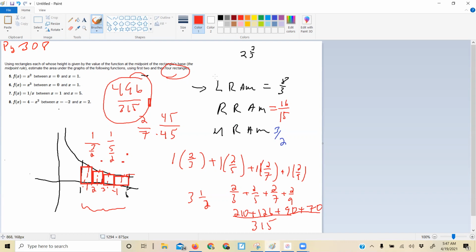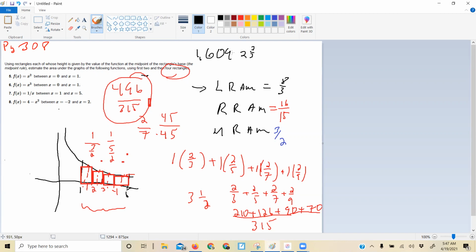So I'm getting an exact area of 1.609. And what is 496 divided by 315? 1.57. So see, it's starting to be a much closer approximation than what we were getting before.